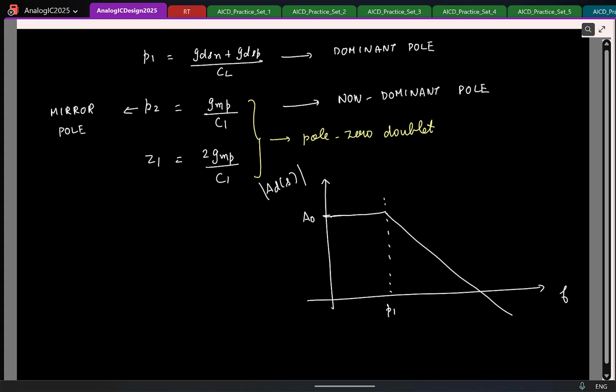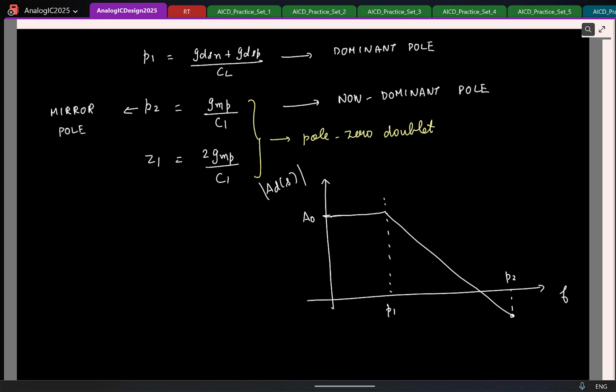And then let's say you get the non-dominant pole here. So here it will become how much? Minus 40 dB per decade. But immediately after the second pole, what do I have? The zero. The moment I encounter the zero, what will happen to the slope again? Minus.